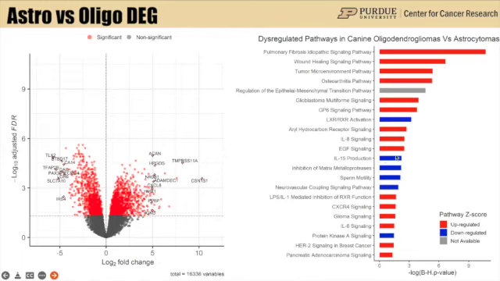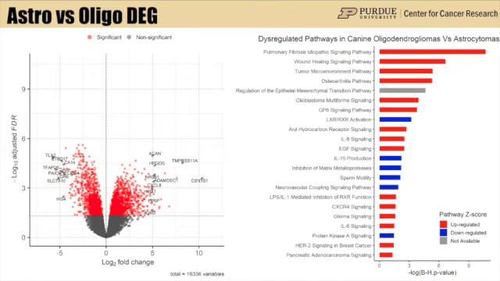The genes involved in IL-15 production are expressed higher in the astrocytomas than in the oligodendrogliomas. So again, we're seeing a lot of immune-related pathways here, as well as glioma and glioblastoma signaling, which again involves some of those 3 canonical pathways that I mentioned at the early part of the presentation.